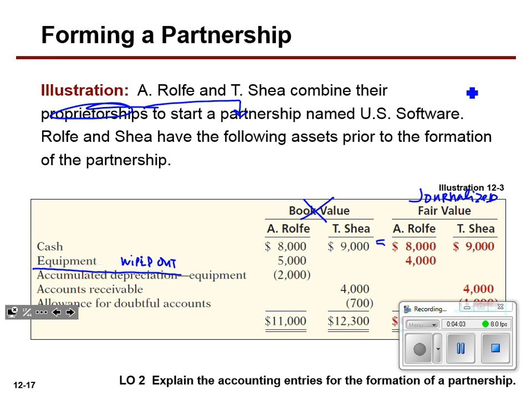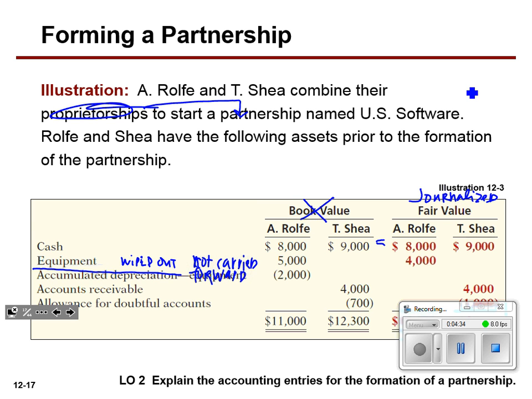Instead, the partners decide, well, what's its new fair value? They threw this equipment a bone of $1,000 because really it's only valued at $3 grand based on the accumulated depreciation pile. The partners decided it was going to be valued at 4. So though it's wiped out, accumulated depreciation is not carried forward. Rather, they just say, all right, what's the new value of this $5,000 piece of equipment?